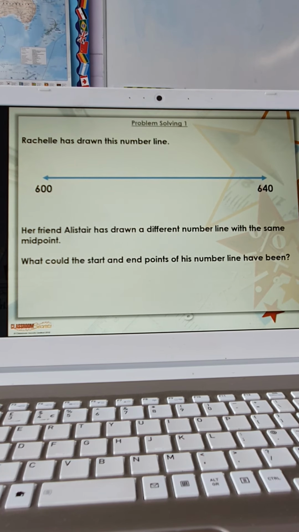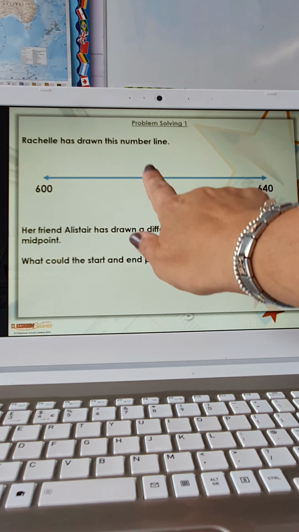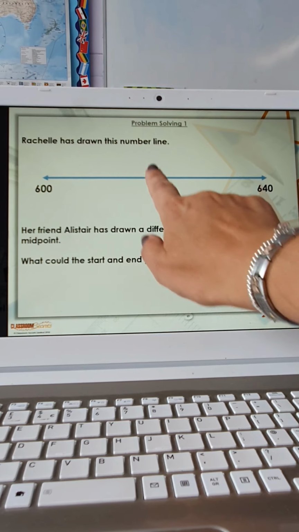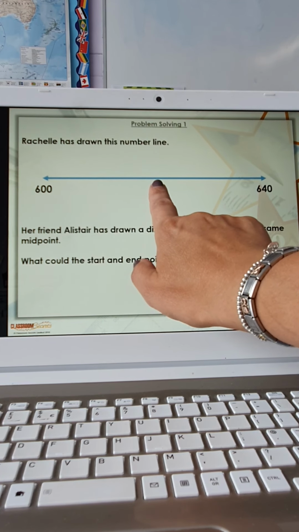So Rochelle's drawn a number line and it starts at 600 and it goes to 640. Her friend Alistair has drawn a different number line with the same midpoint. So what could the start and end points of his number line be? So if we're looking for the midpoint here, halfway between 600 and 640 would be 620.